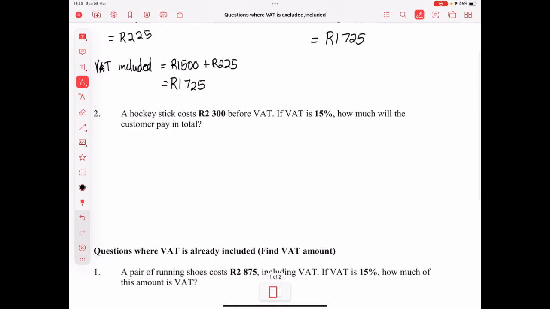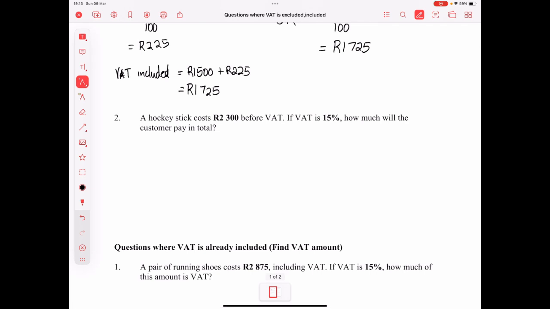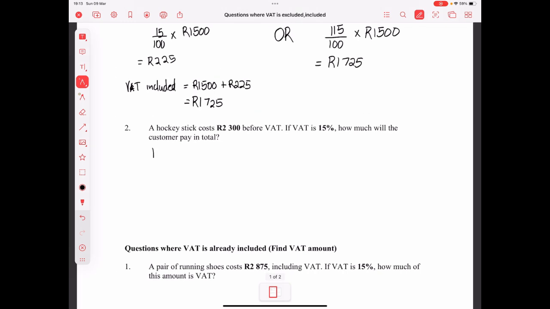A hockey stick costs 2,300 before VAT. If VAT is 15%, how much will the customer pay in total? So here, I'd like you to pause the video and try it out. See if you can do it. Okay, let's check if you're correct. So here I'm going to go straight to 115%. 115% times 2,300.